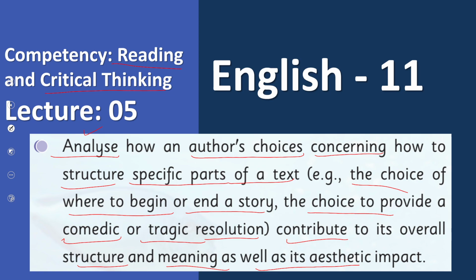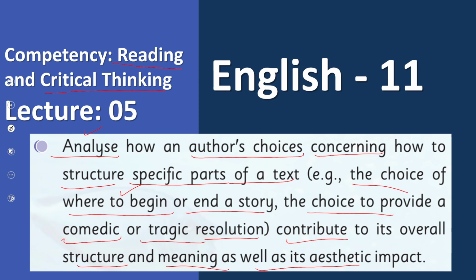We know that a story has a plot, and in plot, we have so many different variations. Now, we are going to see how the author is choosing where to begin or end a story. This is totally dependent upon the author, the storyteller or the story writer.